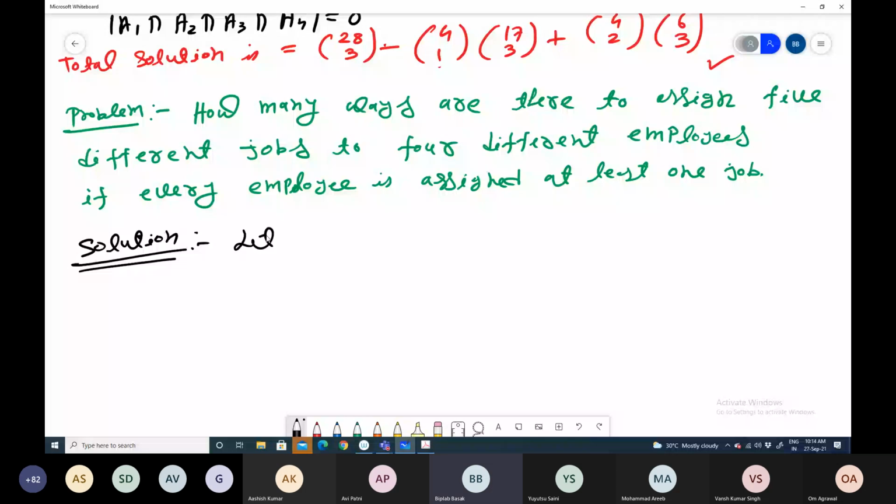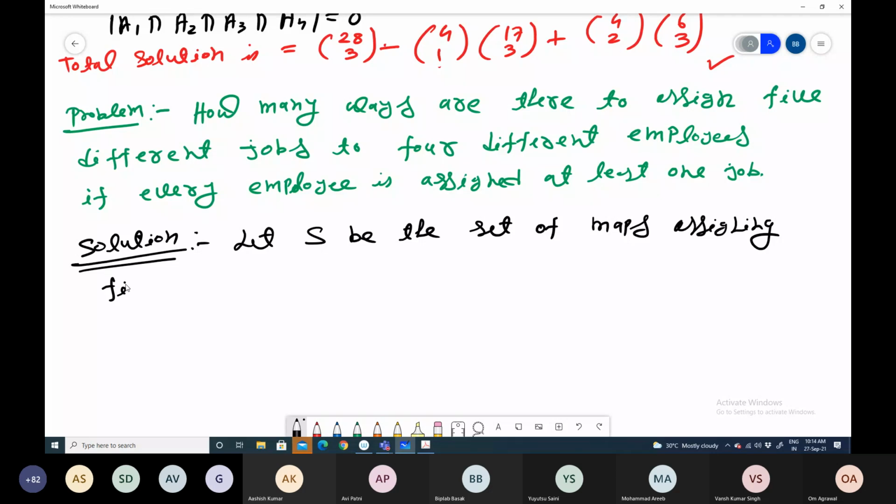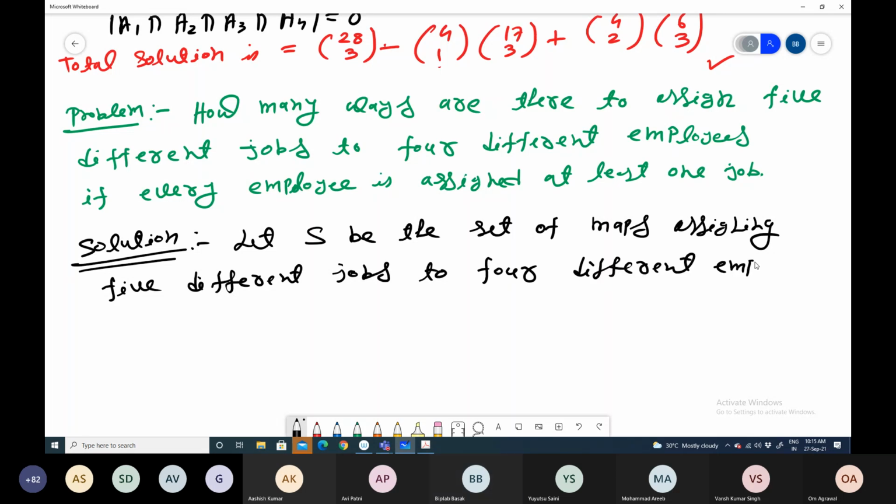So let S be the set of maps assigning 5 different jobs to 4 different employees.